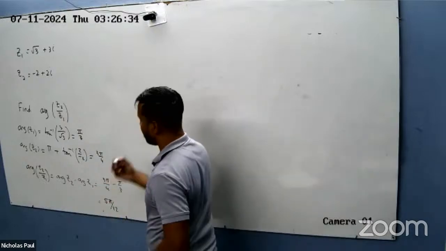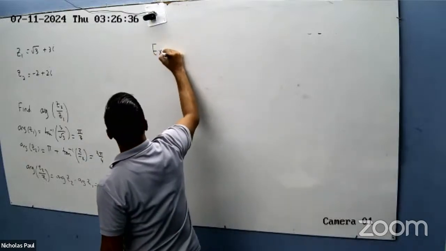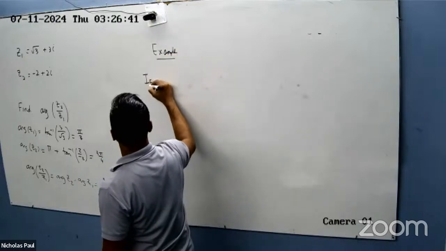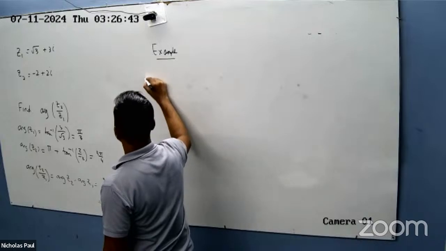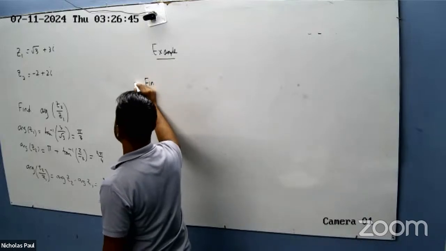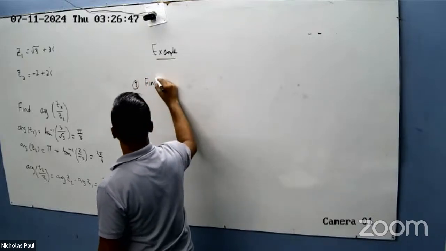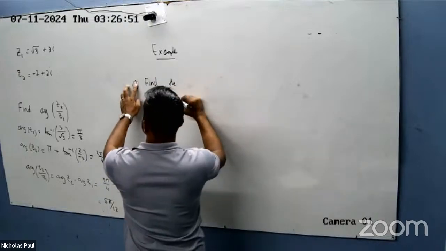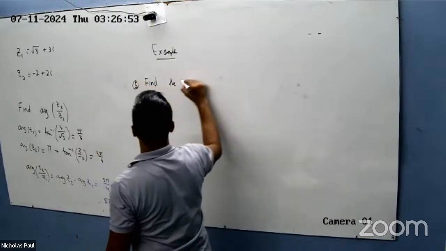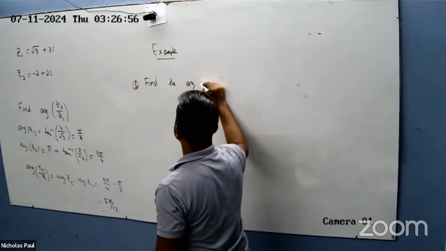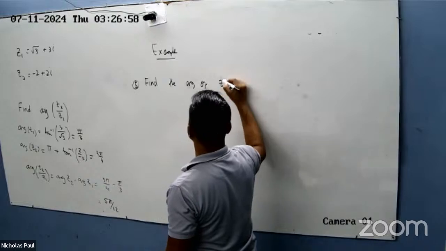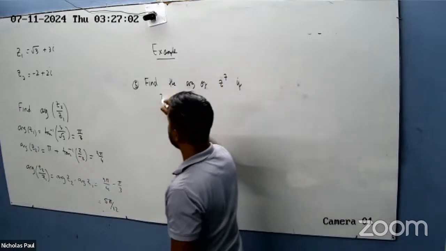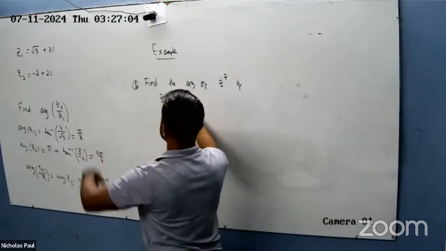This is a special case that we have here. Let's see if we could find the argument of z to the power 7, if z is the same one here, 3 plus 3i.